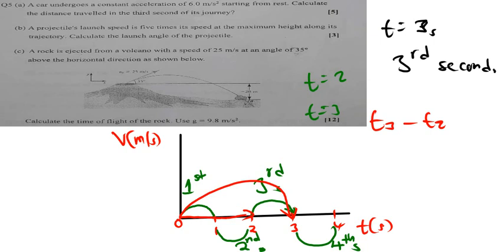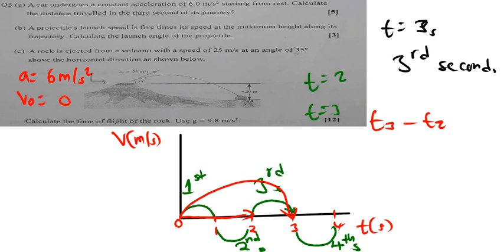So in short, when you come across a question asking for the distance traveled in the third second, you just use the data we have here. We can clearly see that the acceleration is 6 meters per second squared. The initial velocity, since it started from rest, is 0.